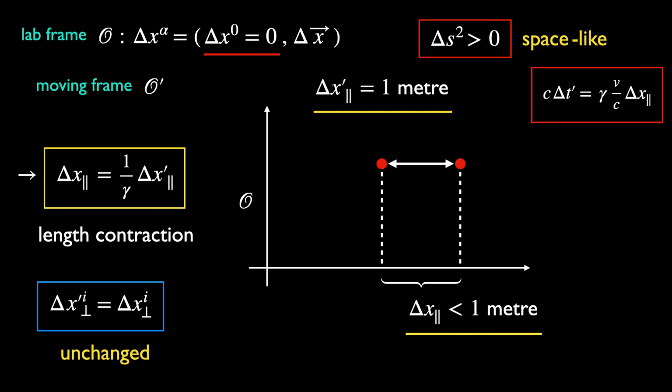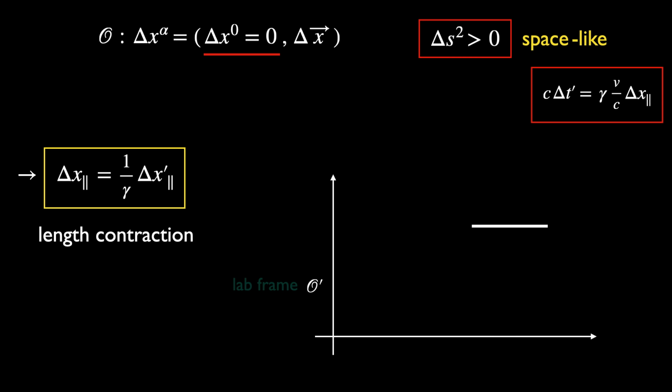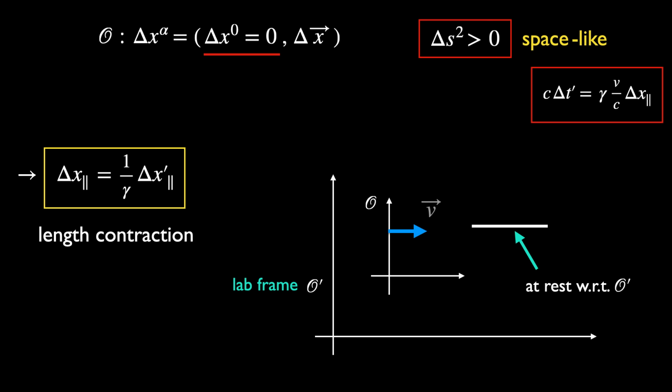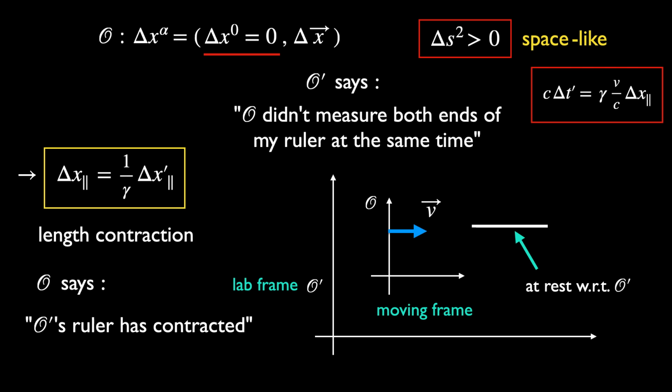What does this mean from the perspective of O', the observer carrying the ruler? While O says O''s ruler has contracted, O' says O did it wrong. He didn't measure both ends of my ruler at the same time. This can be seen from the equation we have saved earlier. From the perspective of O prime, the time interval between the two events is not zero.